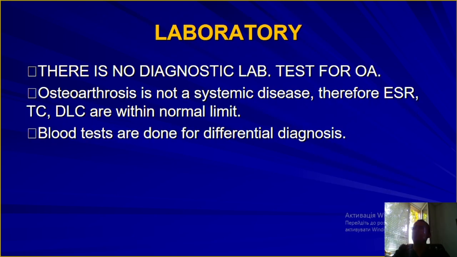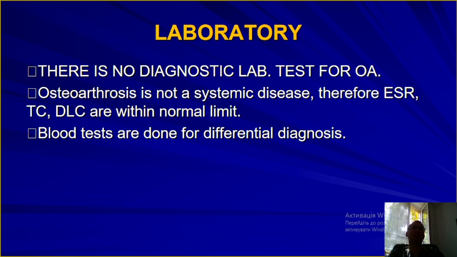Unfortunately, or maybe fortunately, there are no specific laboratory tests which can show us the development of osteoarthritis. Most laboratory tests which are used in osteoarthritis diagnostics are not specific. They mostly show us the general activity of the process, but not the reason. And in most cases they have only scientific interest.